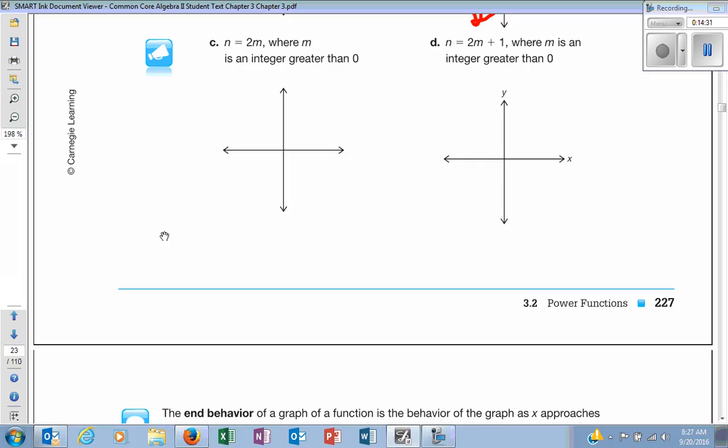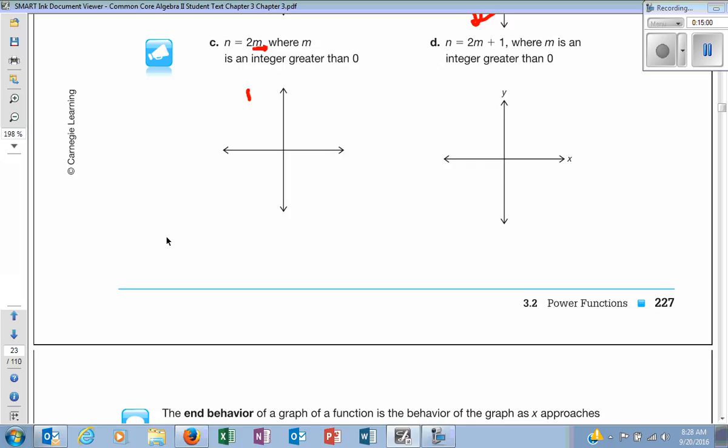Anytime you multiply any number, especially a positive number, because we're not talking about n being negative yet, anytime that there's a positive number and I multiply it by 2, I'm going to get some kind of even number, right? It has to be, because it's coming in pairs. What's 2 times 3? 6, right? So that's an even number, even though I multiplied it by an odd.